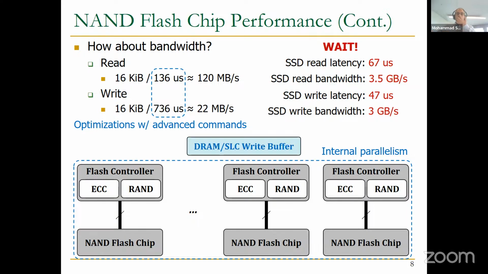We also have the write buffer that I just discussed. That write buffer can be DRAM based. In modern SSDs, this write buffer might also be SLC, because in the backend of the SSD, we may use TLC NAND flash chips like 3D TLC or even QLC. With TLC and QLC, our NAND flash chips are quite slow. So there are some SSDs that are using an SLC write buffer.